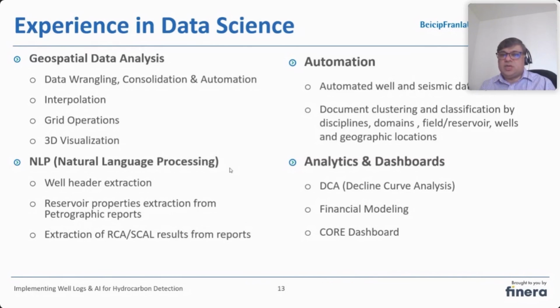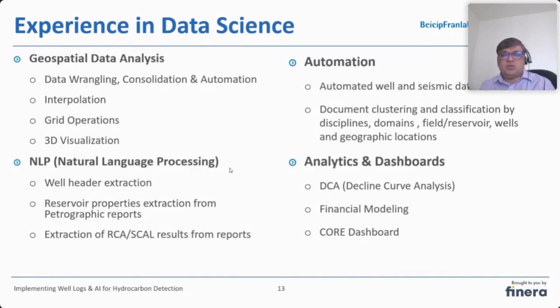Similarly, we also do data classification and clustering of PDF documents, their pages and pictures. We can divide the data into different disciplines, domains, fields and reservoirs, and associate them with certain wells and geographic locations.